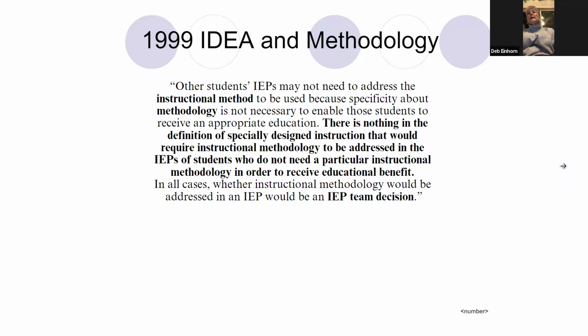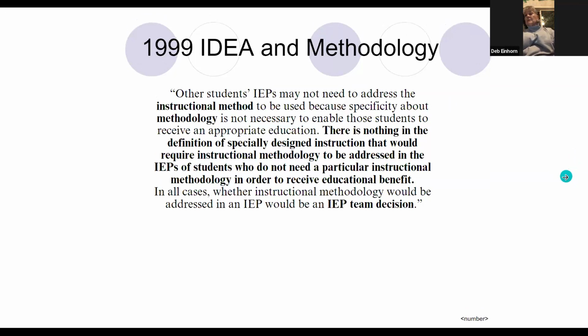It's only in the cases where there's something specific like autism, a student with autism who needs ABA therapy, or a student with a reading disability who needs multi-sensory based reading instruction. Those are the cases where you'll talk about methodology.